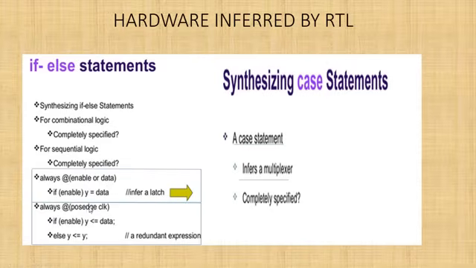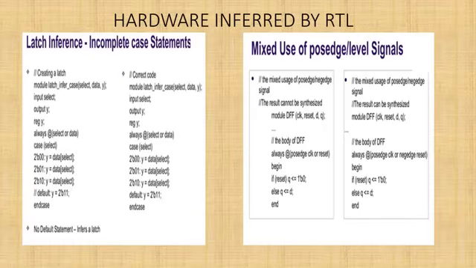When we have a posedge clock based sensitivity list with both if and else statements, it infers a flip-flop. And if the same code has a missing else statement, it may lead to latches. The case statement infers multiplexers. If the case statement does not have default statements, again that infers a latch.